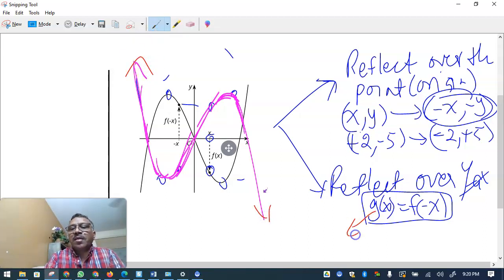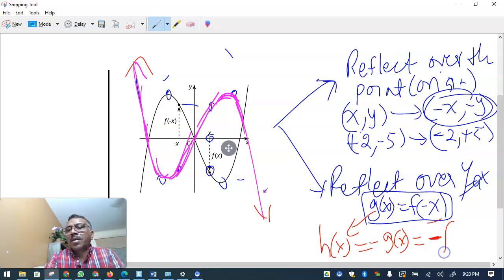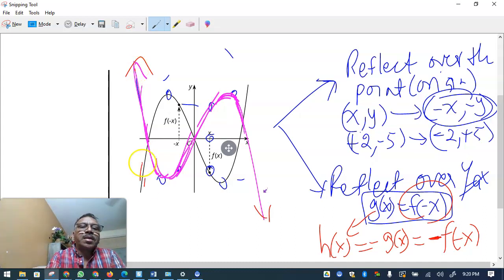So this new one I'm going to call g of x. You reflect over the y-axis, then over the x-axis. It means it's minus of this part, which is minus f of minus x. So the whole thing, this pink color, goes back over here and it reflects, and you get the red graph like this.